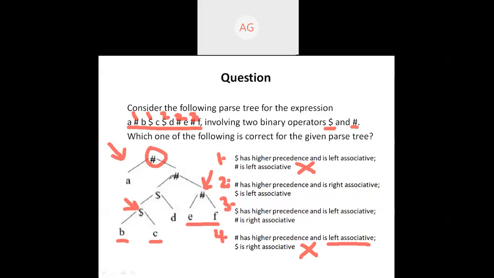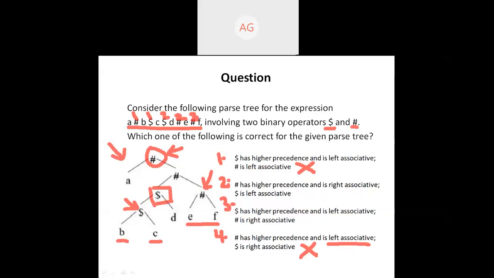So it means the hash is evaluated at the last. So the precedence of dollar is higher than hash, because dollar is evaluated first.